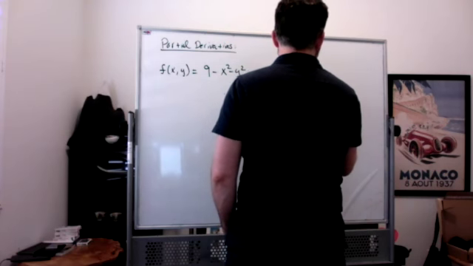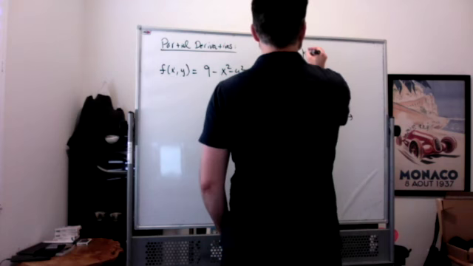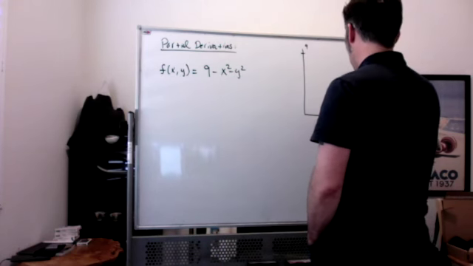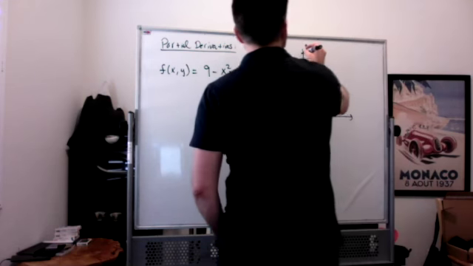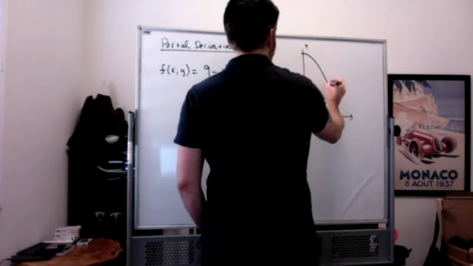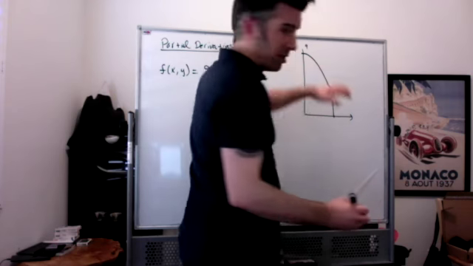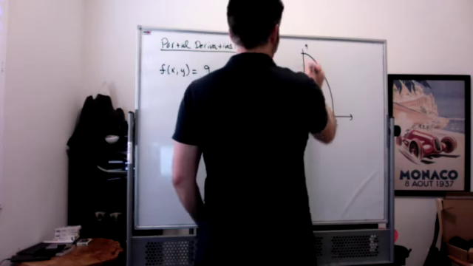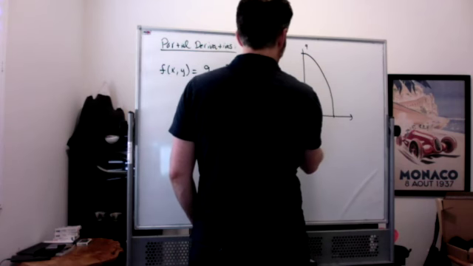Let me start with that. Let's say here's 9. Let's say here's 3. We're going to go down this way. And yes, I know that the parabola does continue on further, but I'm going to stop there. And let's go this way as well.